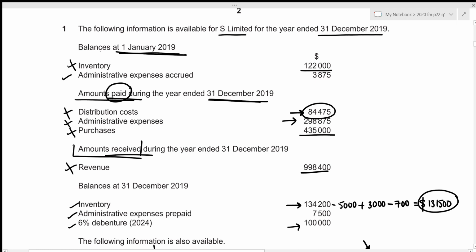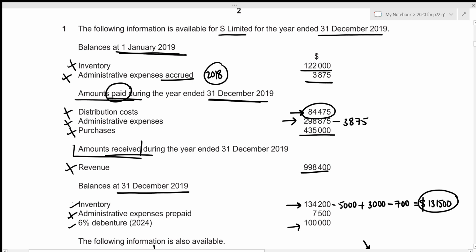Now the next one is given to be administrative expenses, and administrative expenses was of 298,875. And as we can see at the date of 1st January 2019, we have administrative expenses accrued, which means that these are the administrative expenses for the year 2018 that were not yet paid, which means that this amount of 3,875 was paid out of this amount, which we should not be including in this year's income statement. So I'm just going to exclude that amount by subtracting 3,875. Then we can also see that at the date of 31st December 2019, we have administrative expenses prepaid.